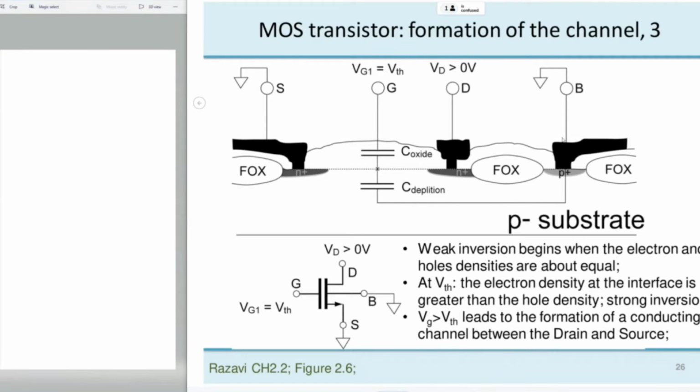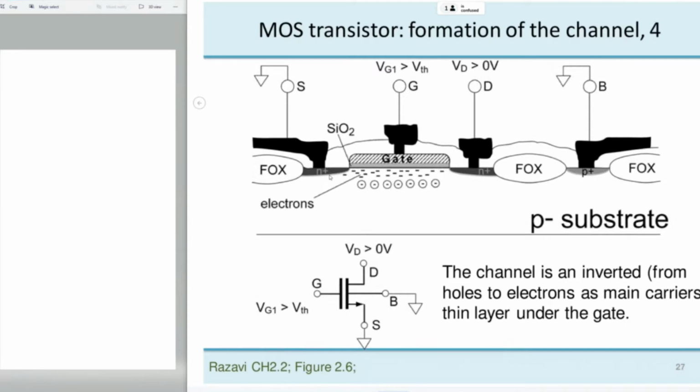Now, if we apply a certain voltage at the drain, it will create a drift force along the channel. So if there is a channel, electrons from the source can reach the drain, which is equivalent to saying that there is a current flowing from the drain to the source, and the device conducts.